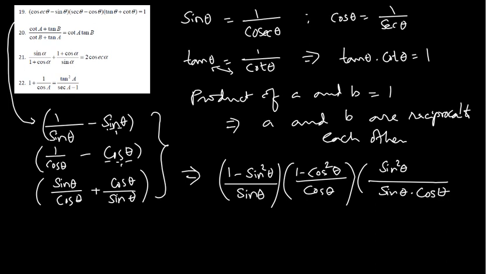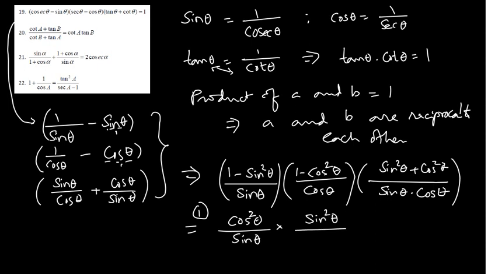So now using the identity, 1 minus sine square theta becomes cos square theta, divided by sine theta, into sine square theta divided by cos theta, into 1 divided by sine theta cos theta.